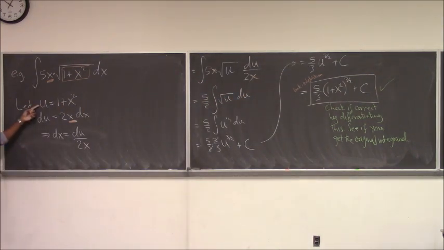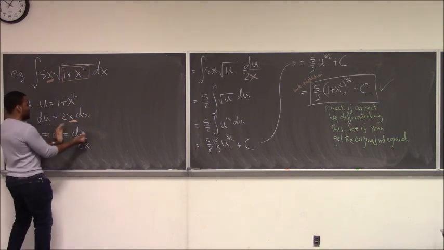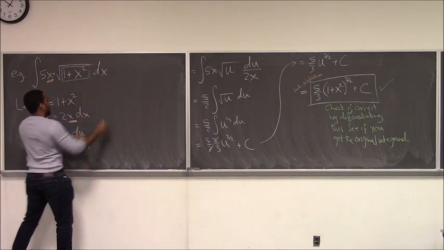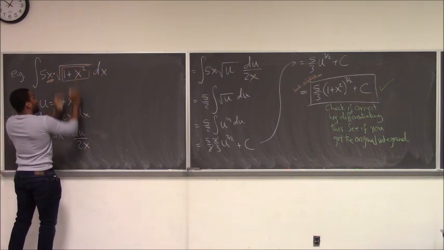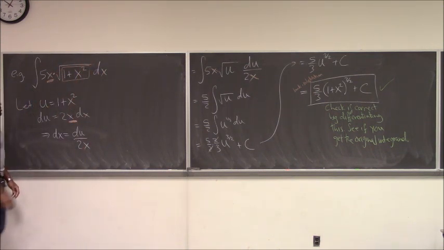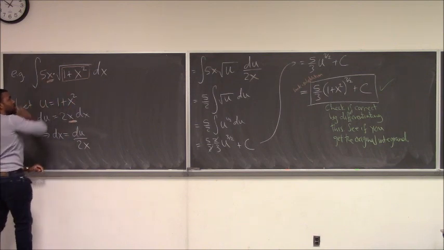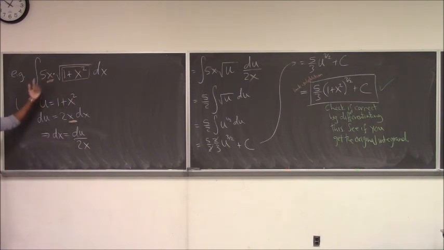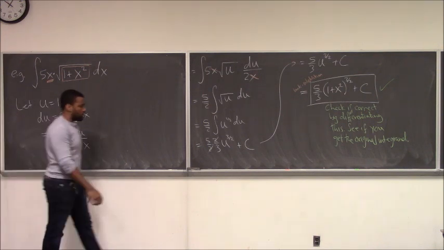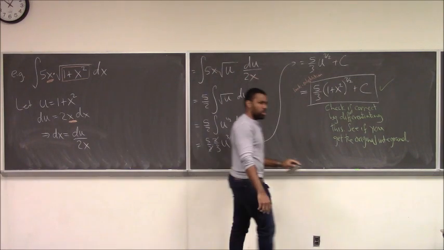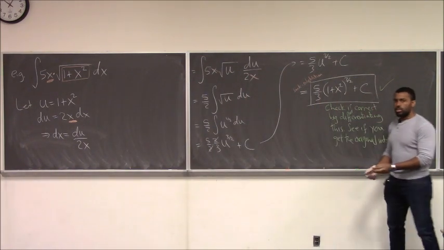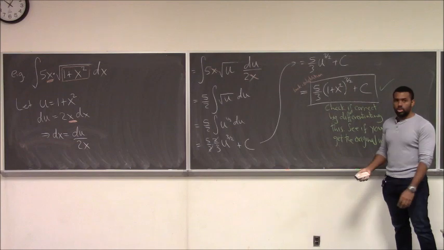You solve for your u, solve for your du, then solve for dx, take your dx and replace it with that, and take the u and replace it there. A part of the du will usually cancel any remaining x's. You might have to do something extra. But yeah, that's substitution. Any questions on this? Is this okay?